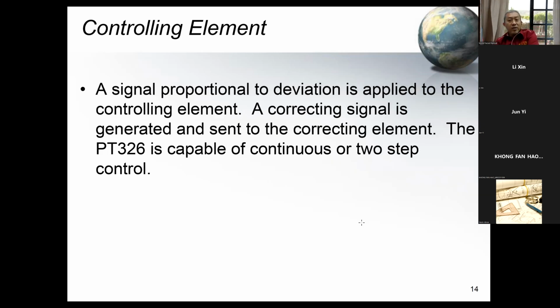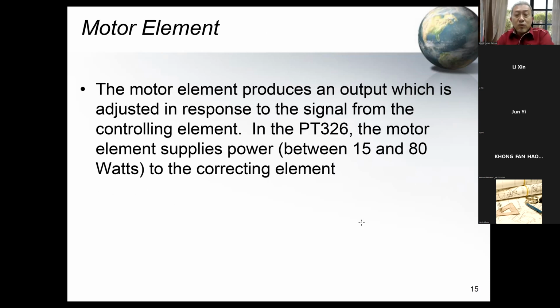So the control element is, as I told you before, of two types: a continuous controller, PID, and a two-step controller, which is an on-off controller. The motor element is the actuator, because it produces movement, motions.